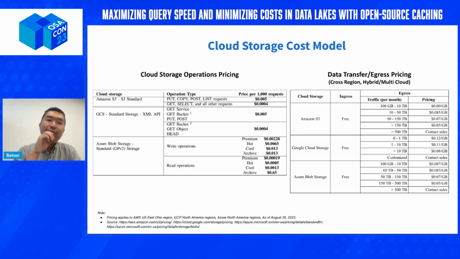Also, if we look into the cost, it's very interesting that for some storage engines, the metadata operations like copy, list, or write operations like put will cost more than 10 times more than the get, select, the read requests. So what I just wanted to share is that besides the data cache, using a metadata cache will also help.